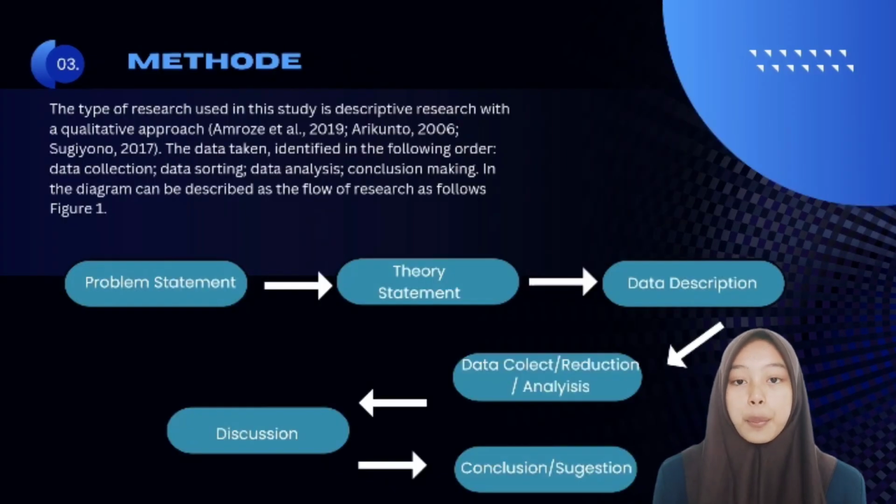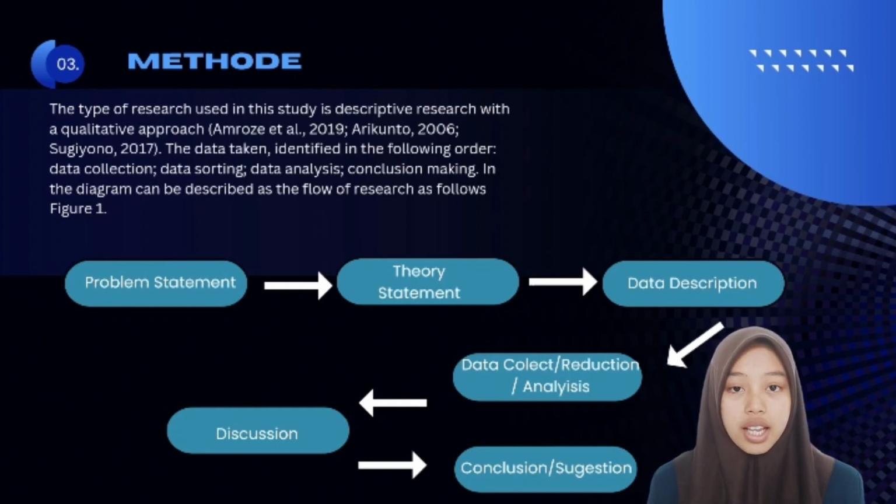The next, method. The type of research used in this study is descriptive research with a qualitative approach. The data was identified in the following order: data collection, data sorting, data analysis, conclusion making.